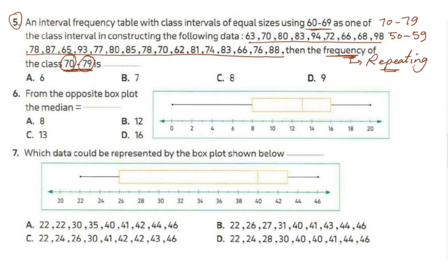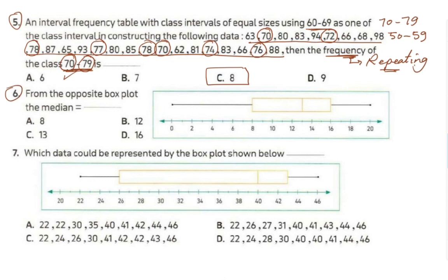Note with me, here we have 70, 72, 78, 77, 78, 70, and 74, 76. Now count all these numbers: 1, 2, 3, 4, 5, 6, 7, 8. Now the frequency of this interval is 8.